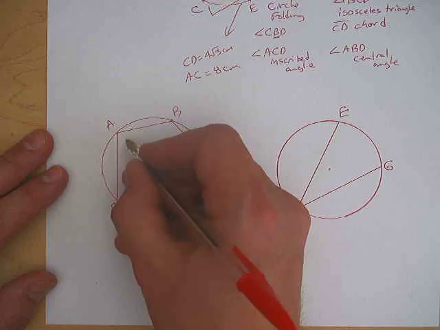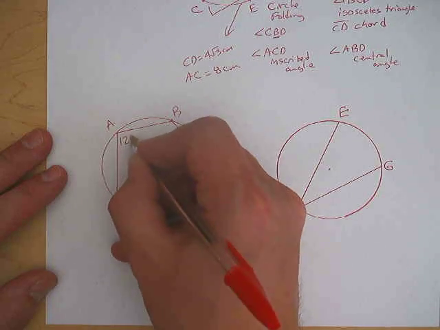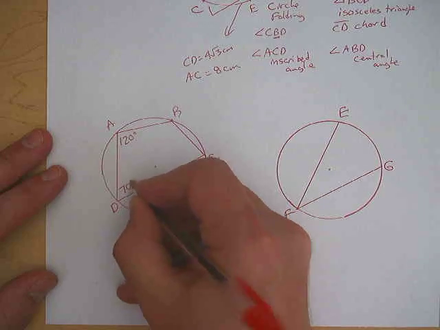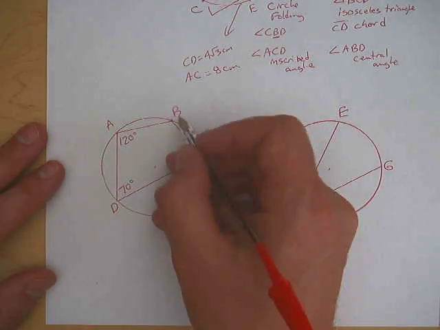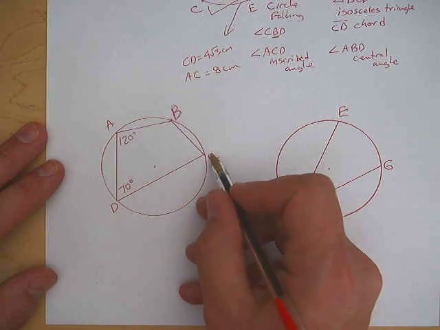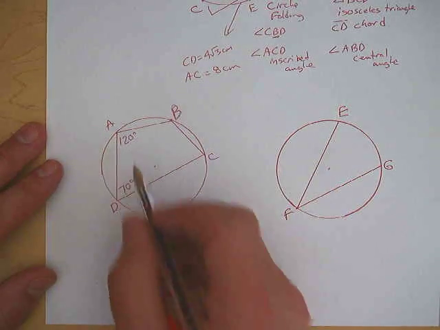I'm going to label this A, B, C, D, E, F, G. And let's say that this angle right here is 120 degrees, and this will be 70 degrees.